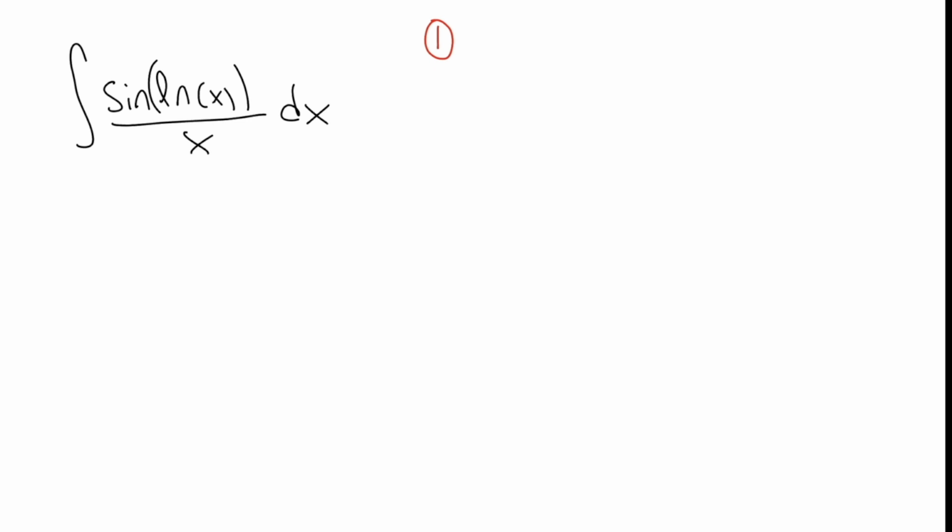Now, you might be inclined to use the inside of natural log, but here we want to use the inside of sine, which means that u is going to be equal to ln of x.